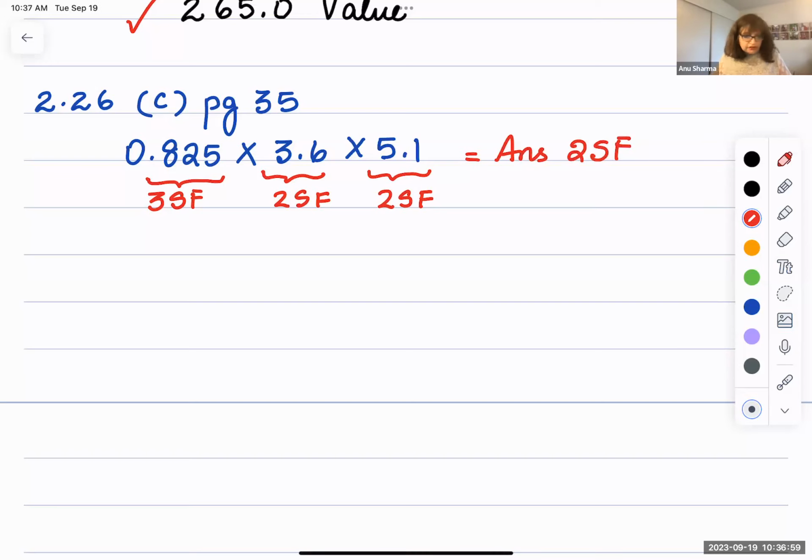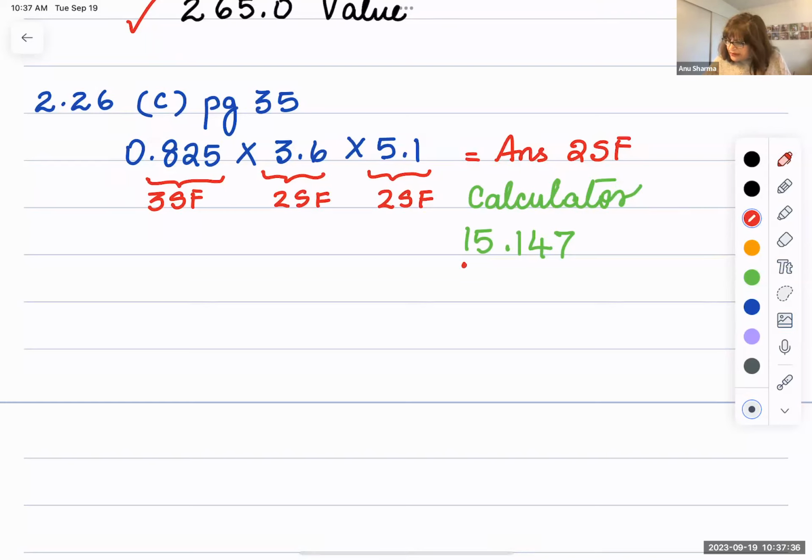Got it? So let's do this one. 0.825 times 3.6 times 5.1. Write down the raw answer from the calculator, and we'll do the cosmetic fixing later. The calculator is reading 15.147. But we need only 2 significant figures.